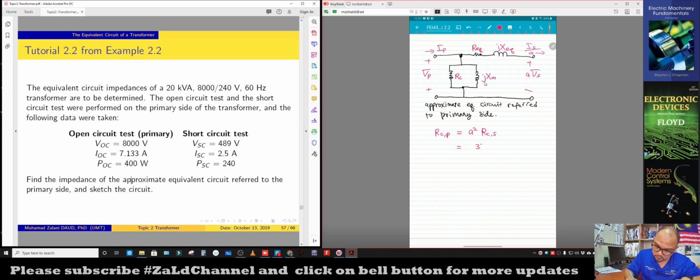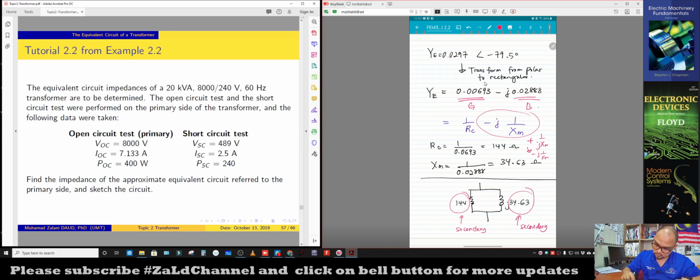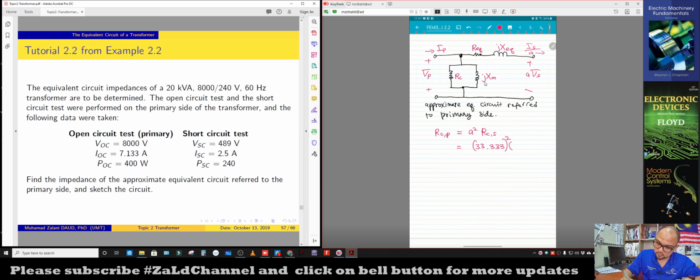We know that A is 33.3333, squared, and RC secondary is 144 ohms. XMS is 159 kilo ohm.